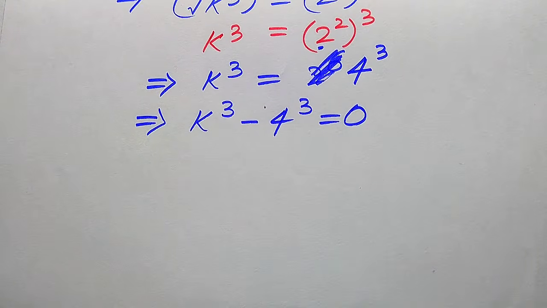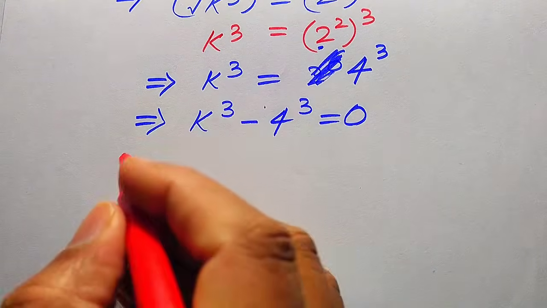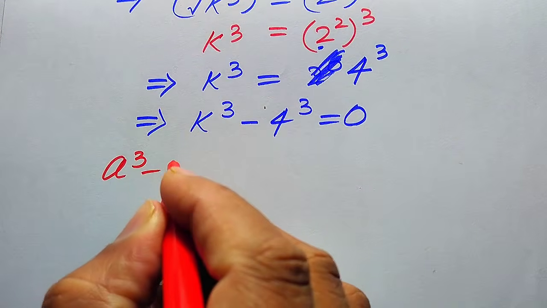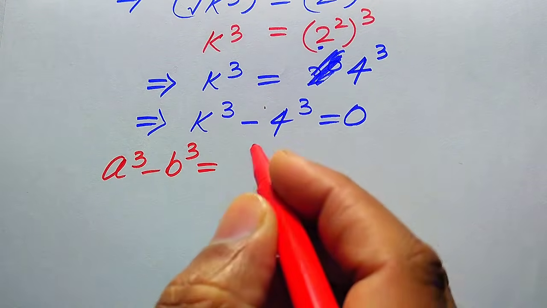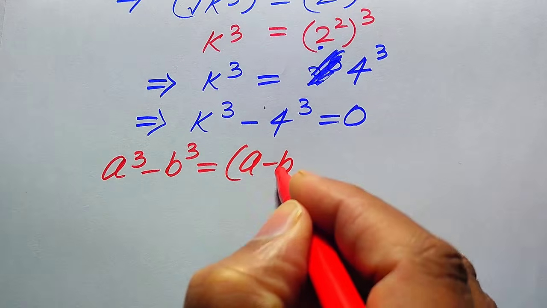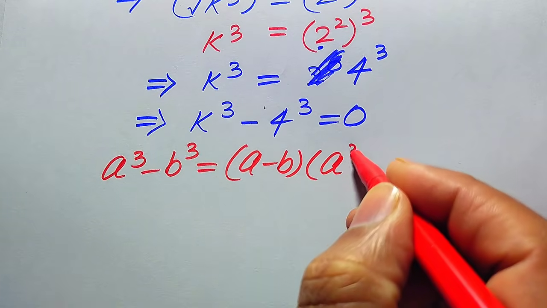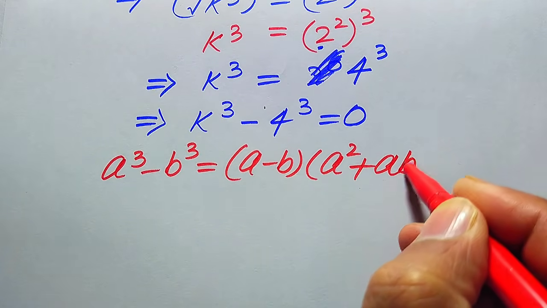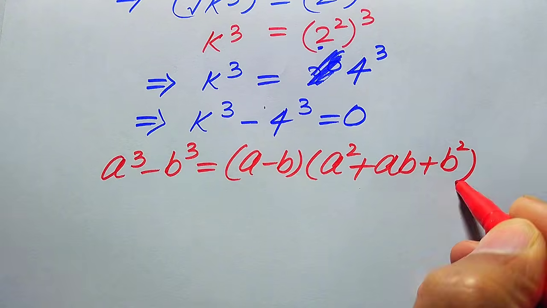Now in the next step we need to use the cubic formula. You know about that. If we have a cubed minus b cubed, it equals a minus b times a squared plus ab plus b squared.